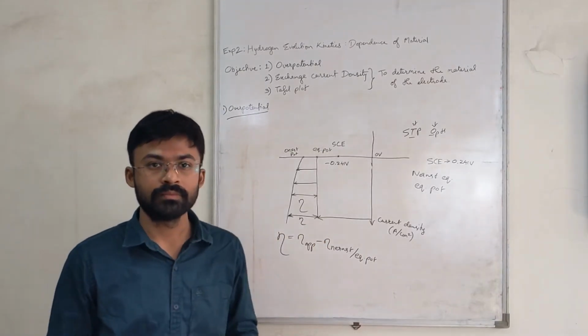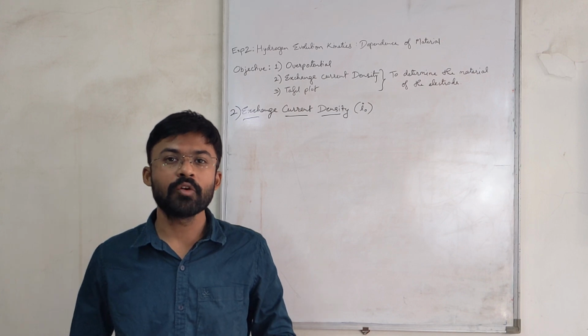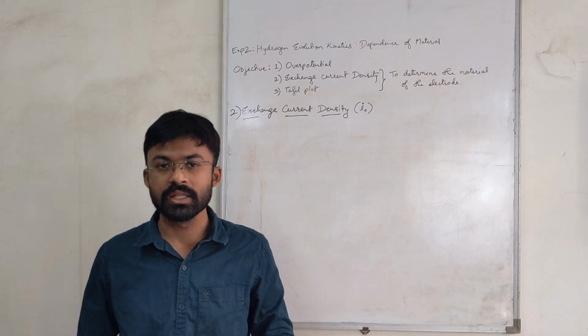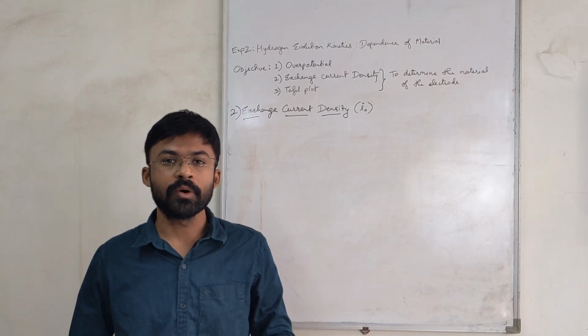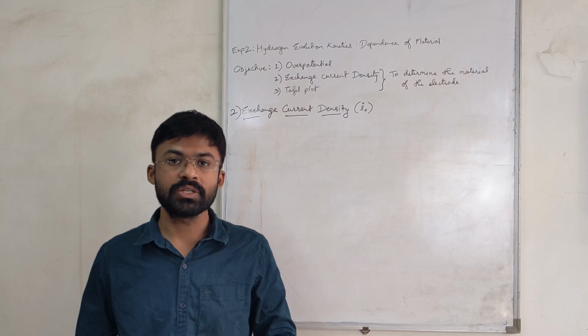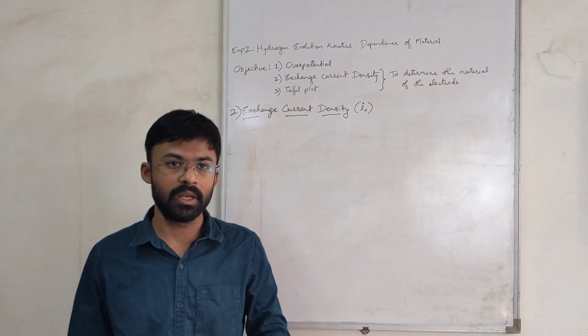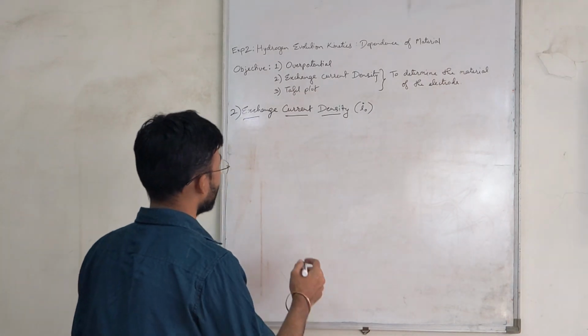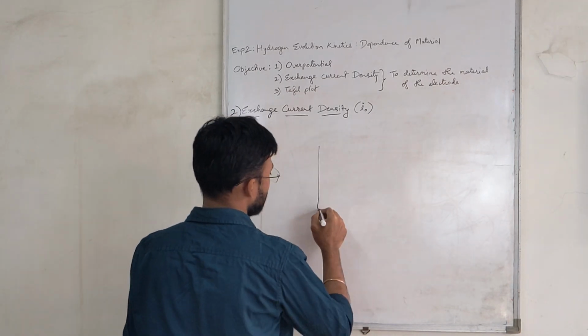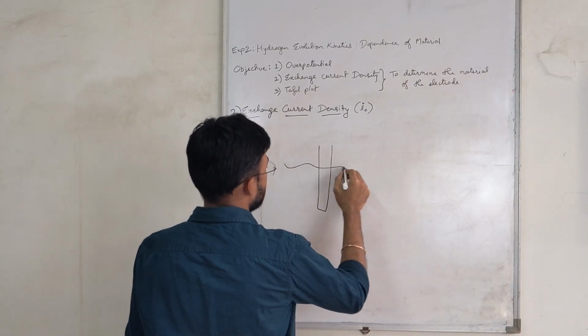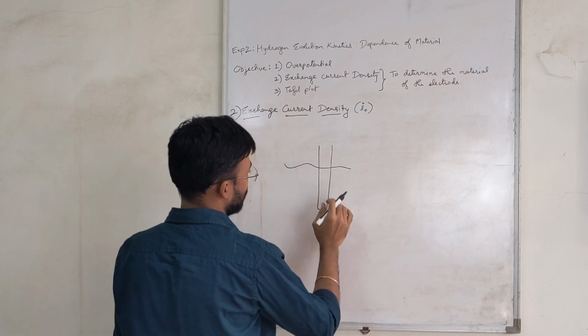The second objective of this experiment is to find the exchange current density. So you will have to perform a linear polarization on the potential side to find out the exchange current density of the material. To begin with, what is exchange current density? We have an electrode dipped into an electrolyte.